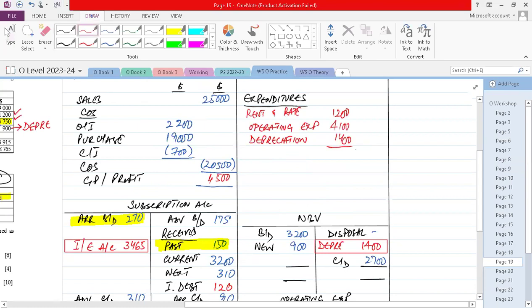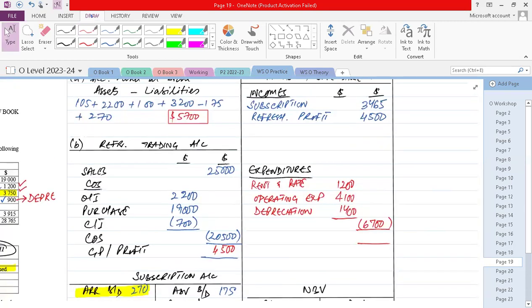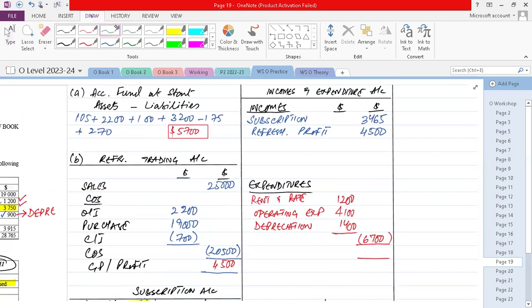Now who will tell the expense total? 6,700. Check it please. Expense total, income total.